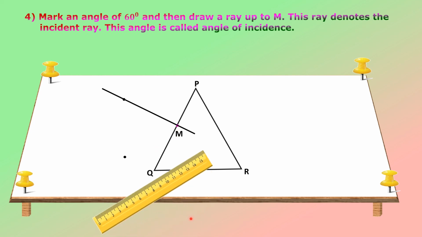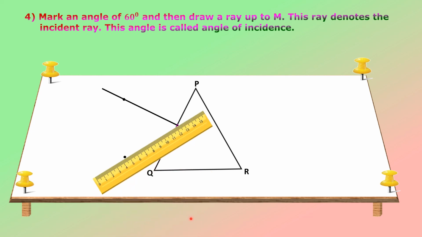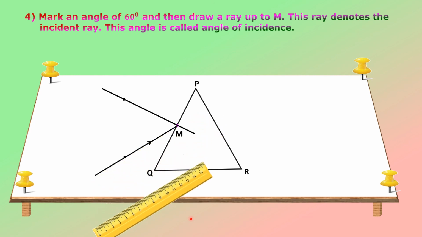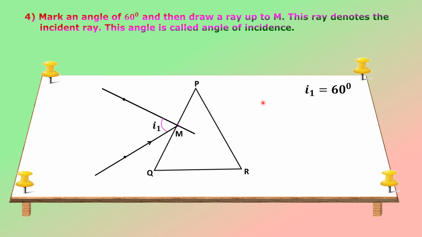Let us draw it by a scale. And here is the angle of incidence. It measures 60 degrees. So I1 equal to 60 degrees.